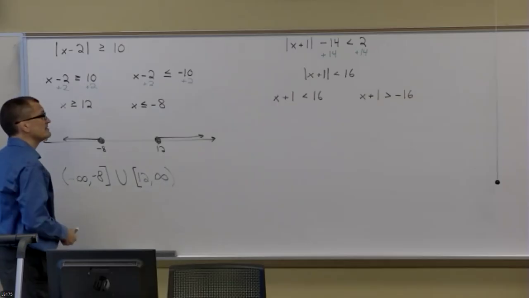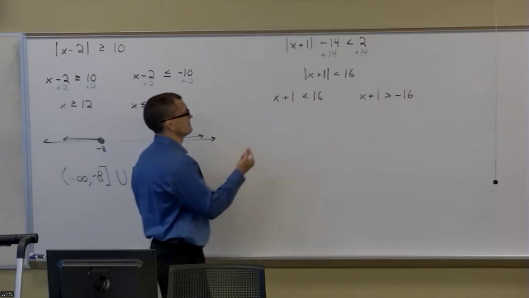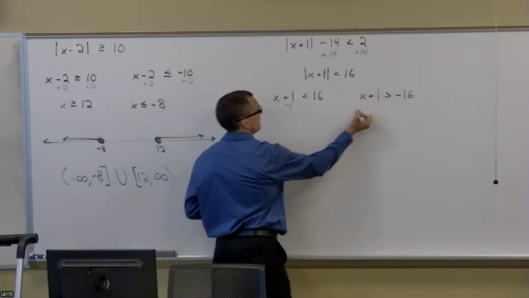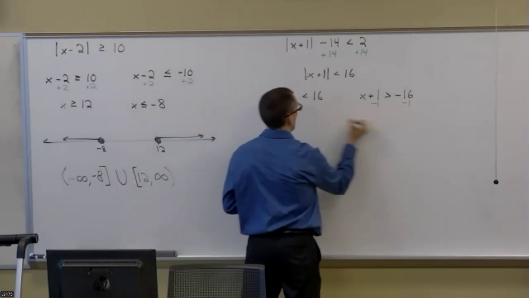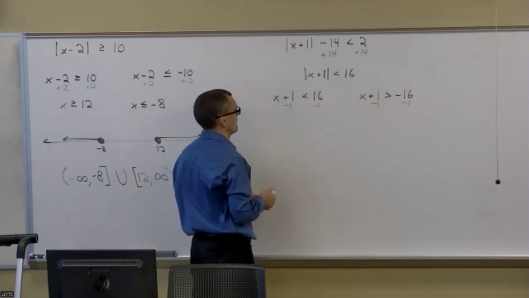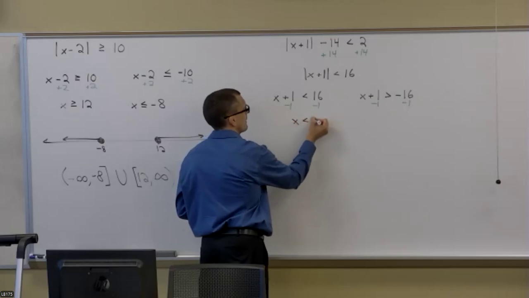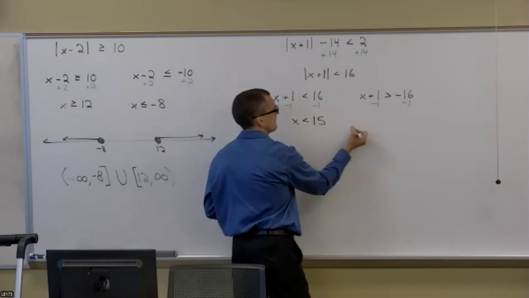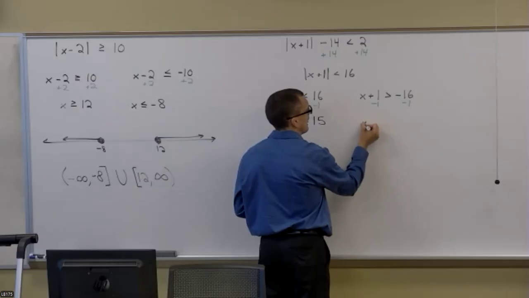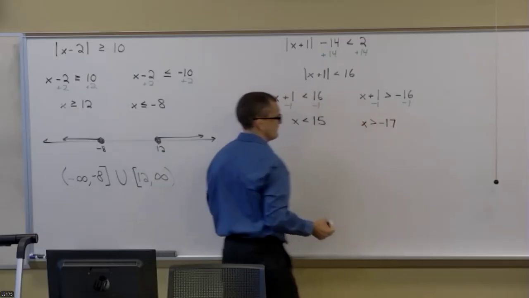In this case, subtract 1 from both sides. Subtracting 1 doesn't change the sign. We get x less than 15, and x greater than -17.